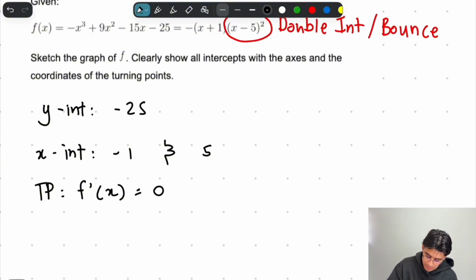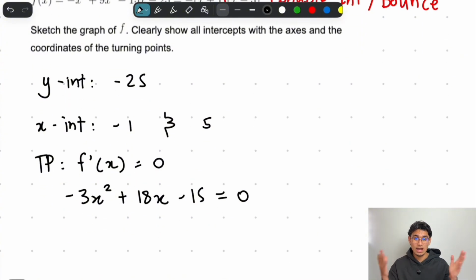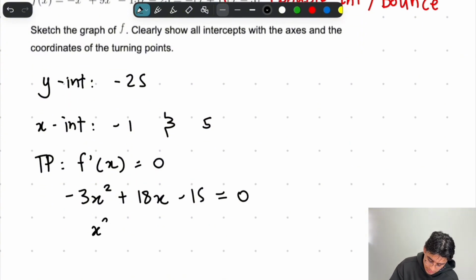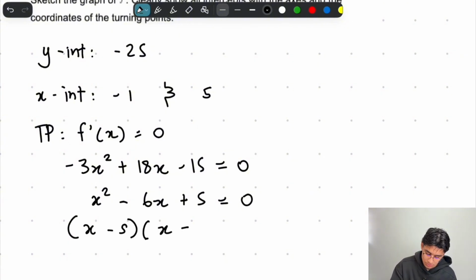The first derivative here is -3x squared plus 18x minus 15 equals 0. You can divide everything by -3, so you have x squared minus 6x plus 5 equals 0. Then once again, just factorize: (x minus 5)(x minus 1) equals 0. Therefore, x equals 5 or x equals 1.